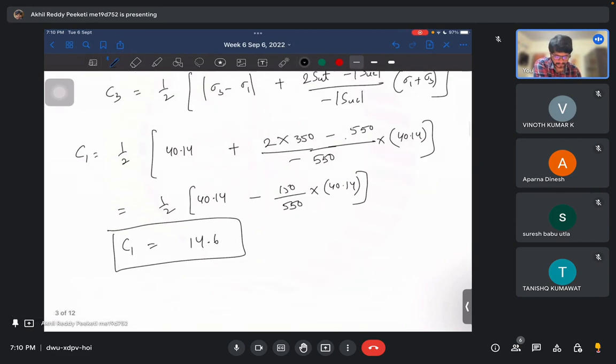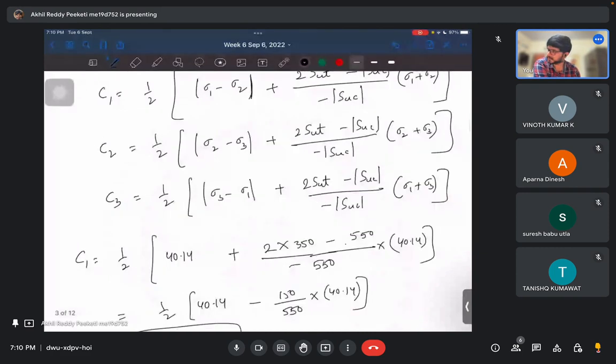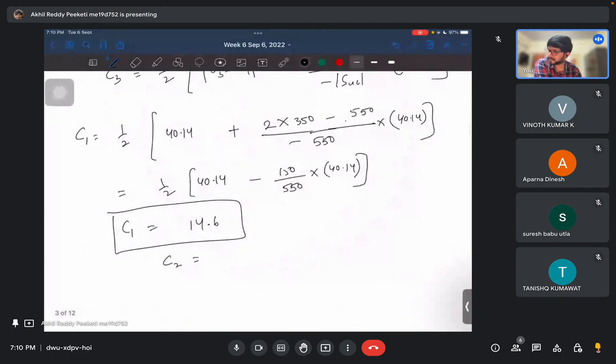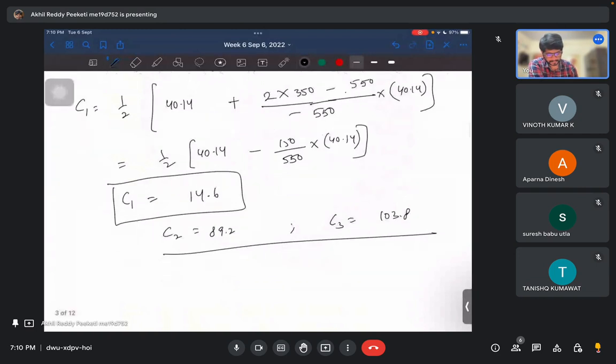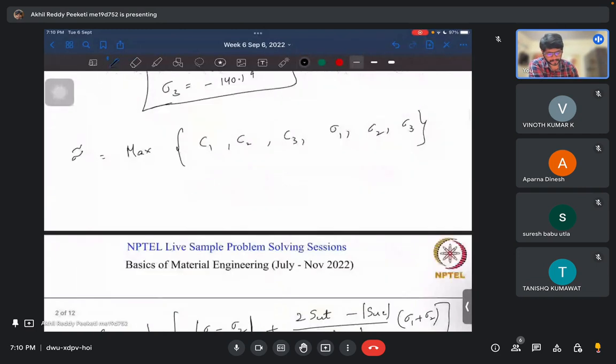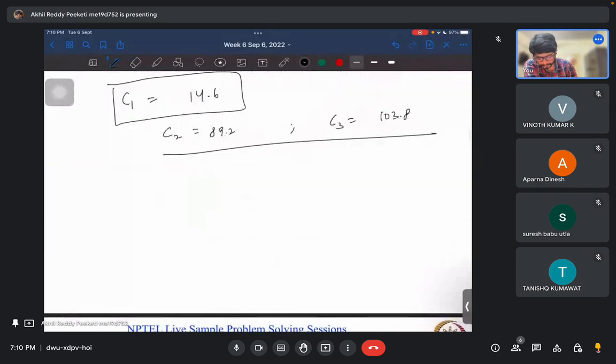You can do these calculations, and then C2 similarly if we estimate it. I won't be doing every calculation, I'll directly write the values: 89.2, and then C3 would be 103.8. Okay, now we have C1, C2, C3, sigma 1, sigma 2, sigma 3. What is the maximum value?